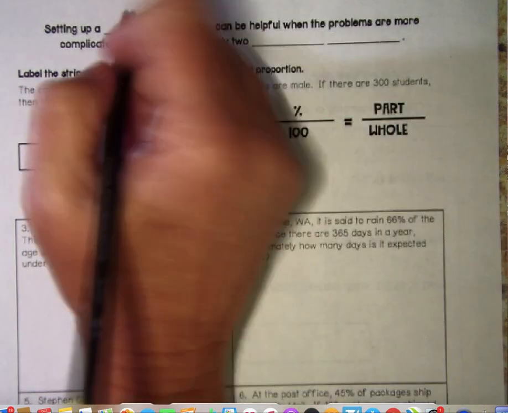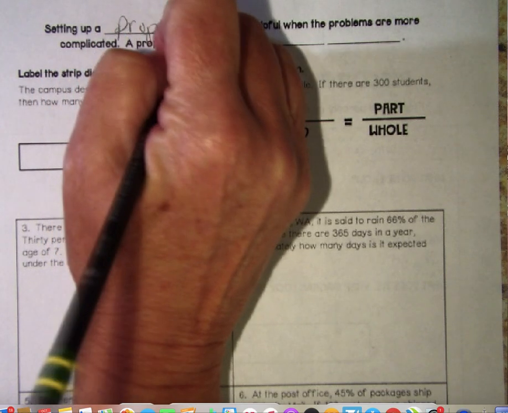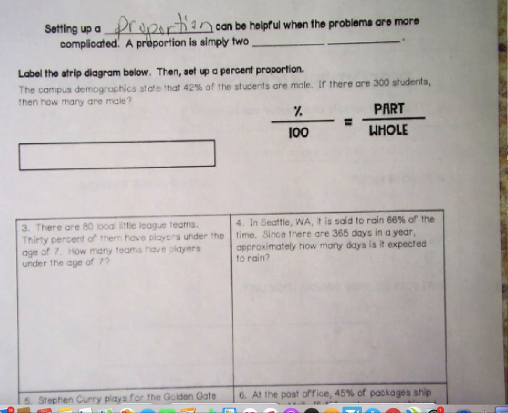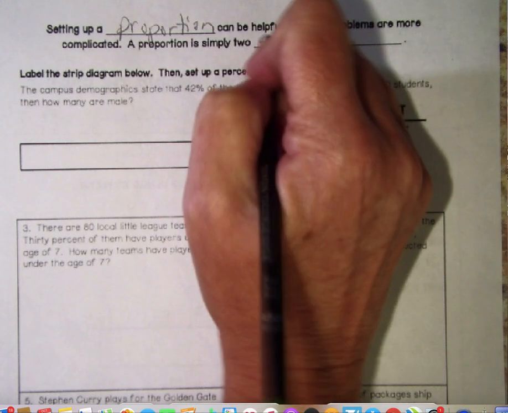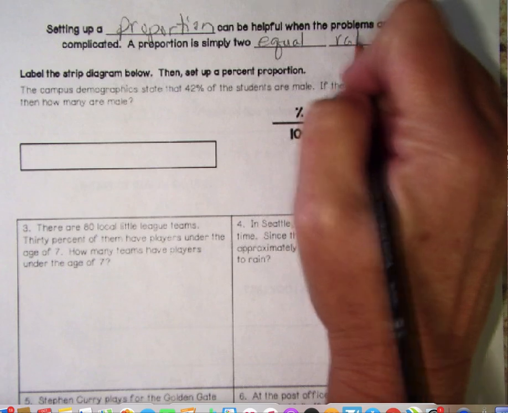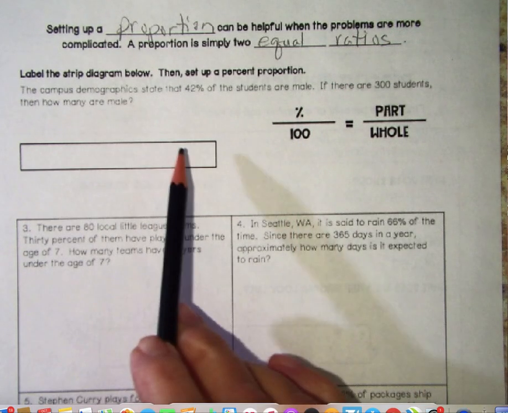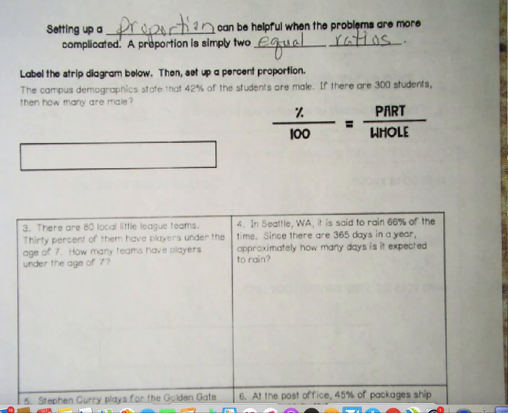Setting up a proportion can be helpful when the problems are more complicated. A proportion is simply two equal ratios. So the campus demographics state that 42% of the students are male.